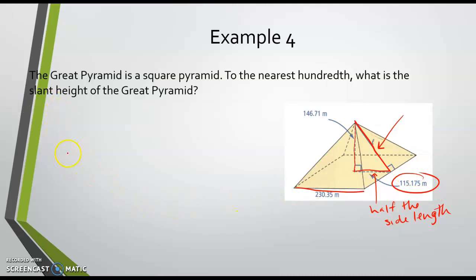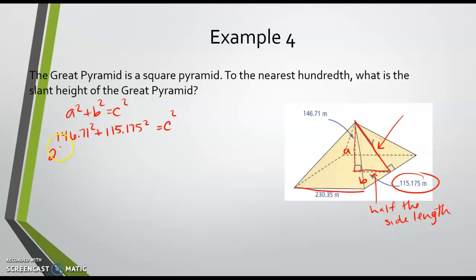So we're still doing a squared plus b squared equals c squared. This is going to be my a, this is going to be my b. So my a is 146.71 squared. My b is 115.175 squared, and that's going to equal c squared. So when I square these, let me find my paper I've already done the work on.